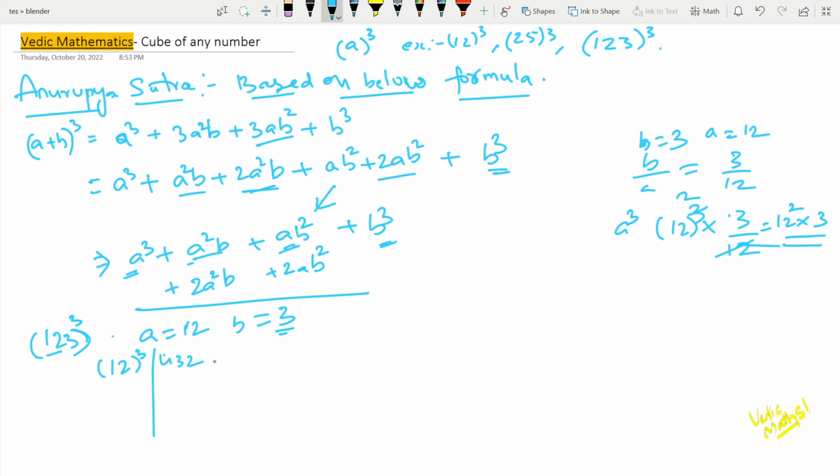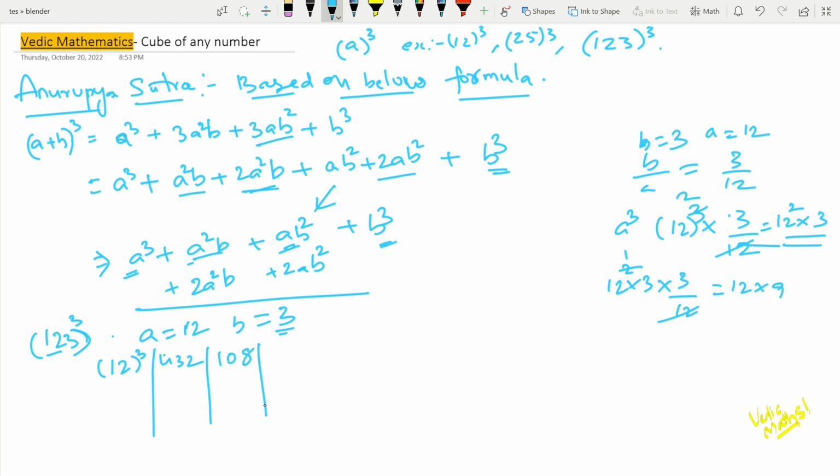You'll get 432. Next we have the term a square b square. For this one again, you have to multiply this number 12 square into 3 into b by a, that is 3 by 12. The twelves cancel, so you have 12 into 9, that gives you 108.